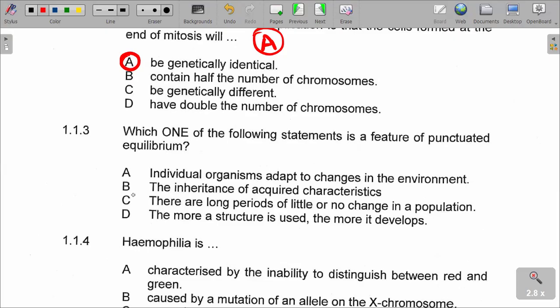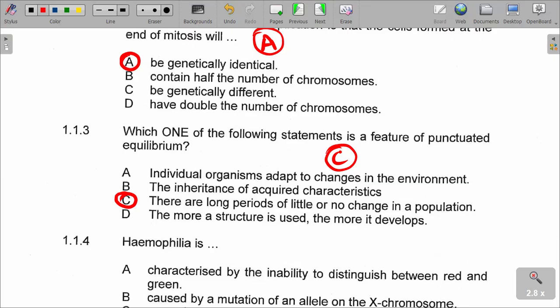Punctuated equilibrium is a theory proposing that evolution occurs in rapid bursts of speciation events, followed by long periods of stability or stasis with little or no change in species.